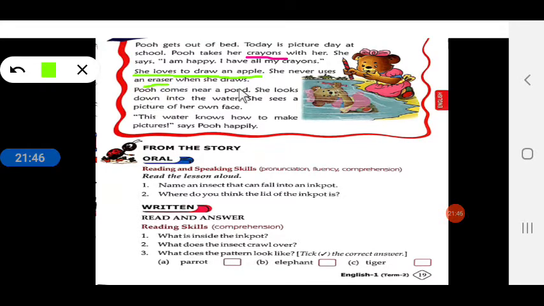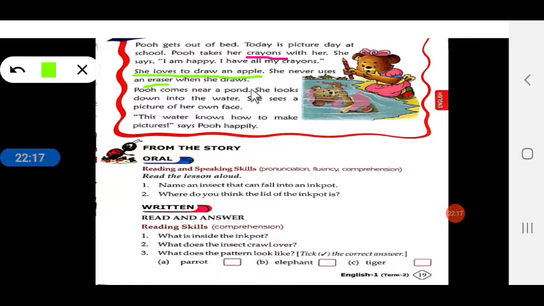So when she is drawing, she never uses an eraser. It means she does not make any mistakes while drawing. So perfectly she draws. She is perfect in drawing. We come to know that when she says she never uses an eraser when she draws, she is perfect in drawing.